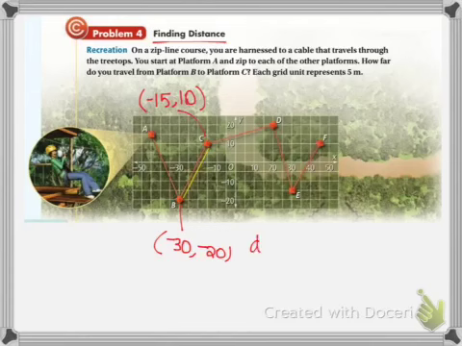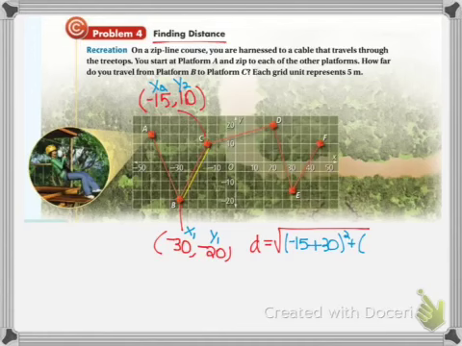Distance here is the square root of, and again, I'm going to label x1, y1 and x2, y2 just to give us a guide. That will be negative 15 minus a negative 30, so that's plus 30 squared, plus our y coordinates, which are 10 minus a negative 20, so plus 20 squared.